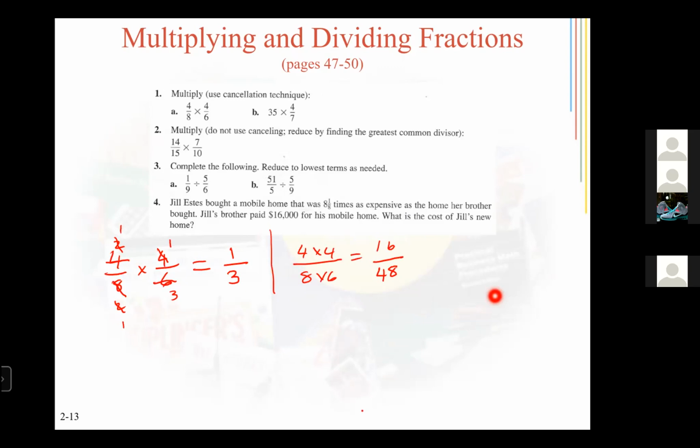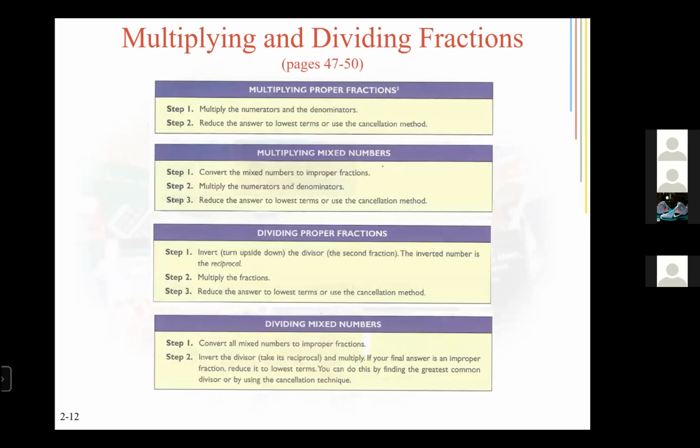Let's use 4. 4 into 16 is 4. 4 into 48 is 12. 4 into 4, 1. 4 into 12, 3, equals 1 over 3. So you could either cancel, or you could just multiply the numerators and multiply the denominators. If you look at the rule here, it says for proper fractions, multiply the numerators and the denominators, reduce your answer to the lowest terms, or use the cancellation method.